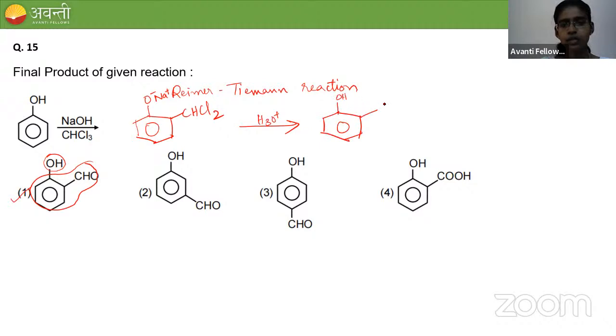orthohydroxy benzaldehyde. What is benzaldehyde? Benzene attached with CHO is called benzaldehyde. In the ortho position, that is the adjacent position, if an OH hydroxy group is attached, it is orthohydroxy benzaldehyde. So this is the product we'll get ultimately from the reaction of phenol with sodium hydroxide or potassium hydroxide with chloroform, which is otherwise called the Reimer-Tiemann reaction.